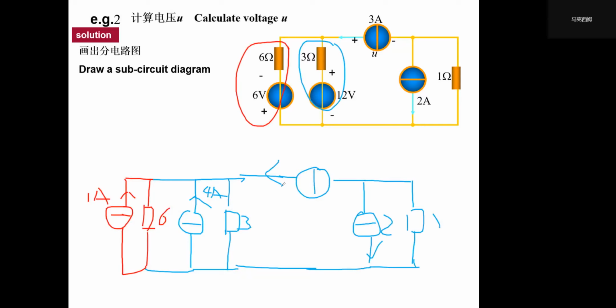So using the equivalent voltage source and current source transformation, we can transform this into this kind of circuit, right?